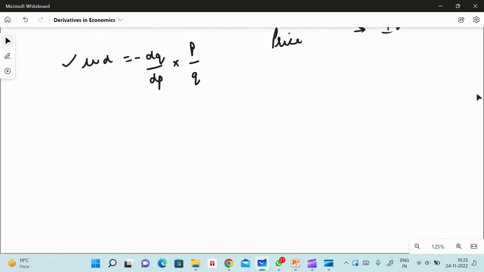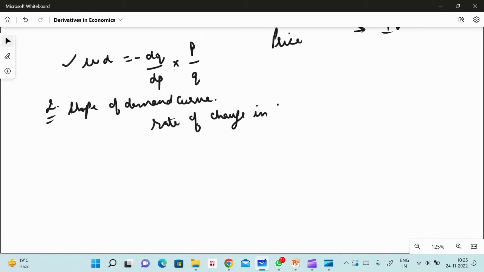Second concept is slope. The second concept which we are covering today is the slope of demand curve, right? So slope of demand curve means the rate of change in quantity demanded due to change in price, right?